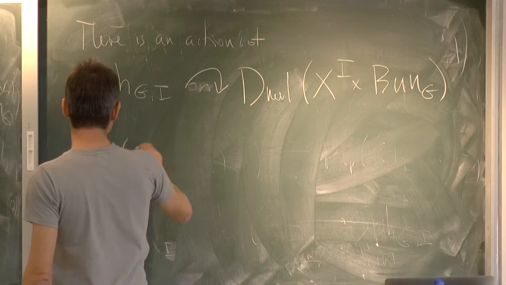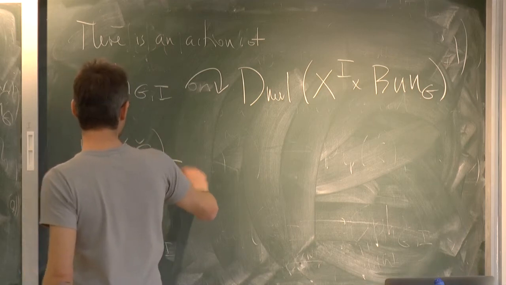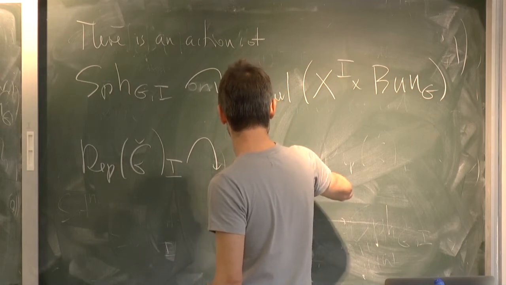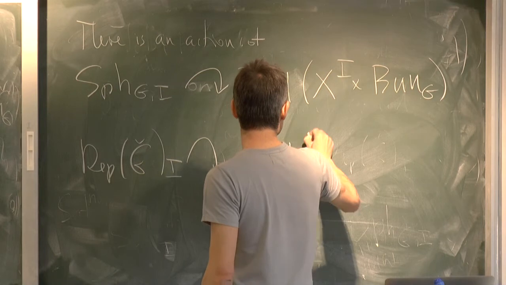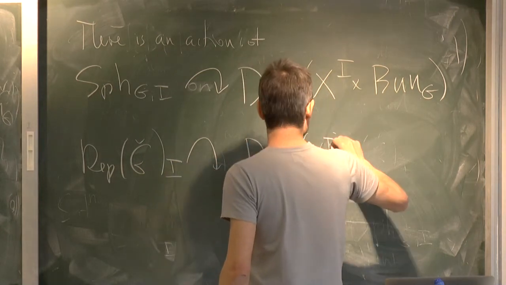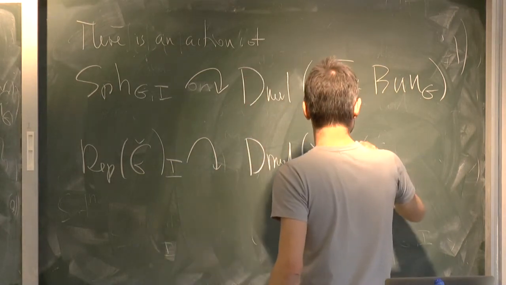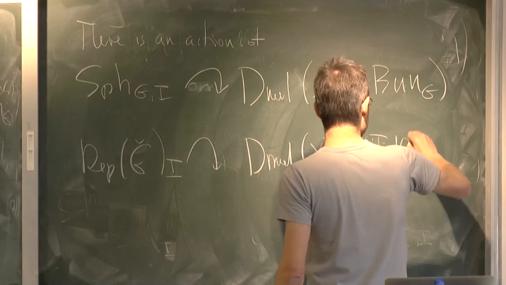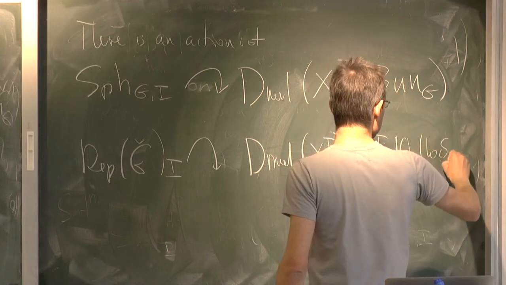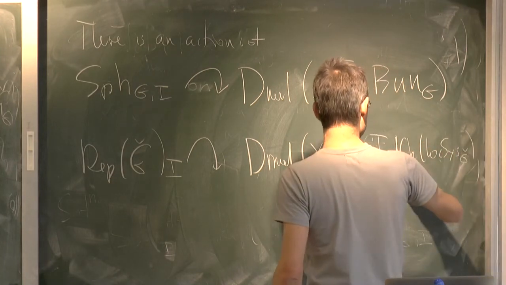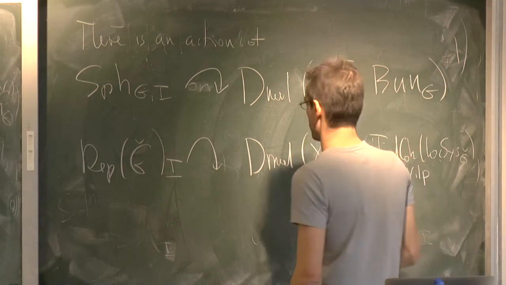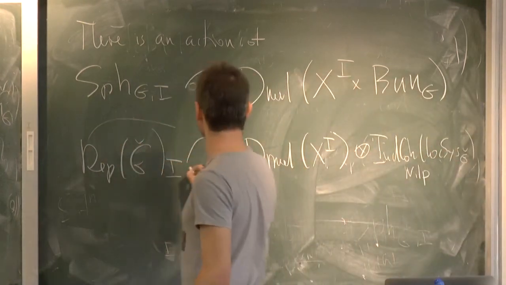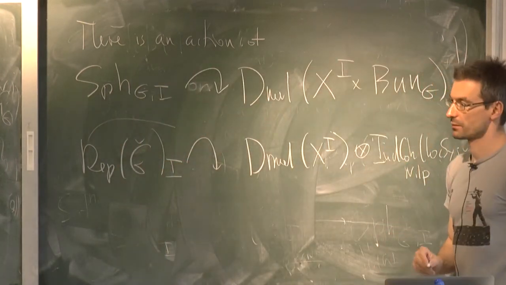The next thing that I'll do, I'll define an action of this on... I'll explain that this category acts on this tensor product.